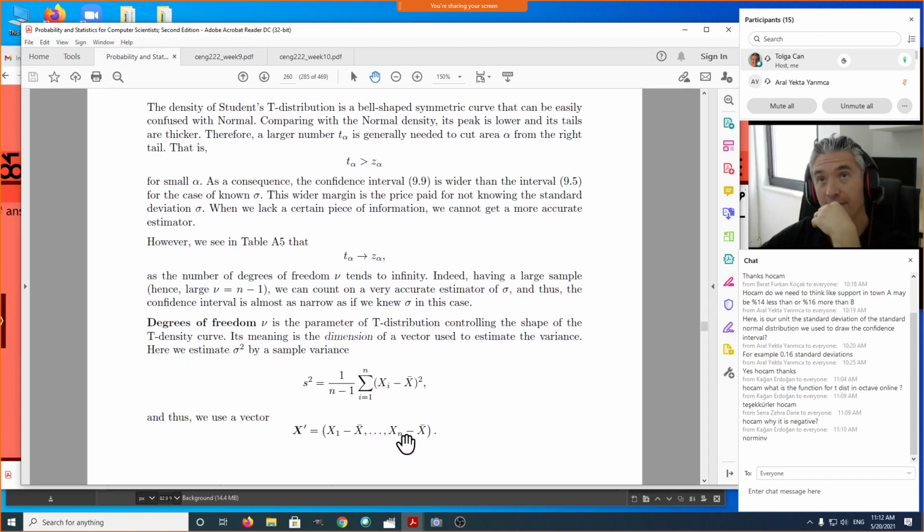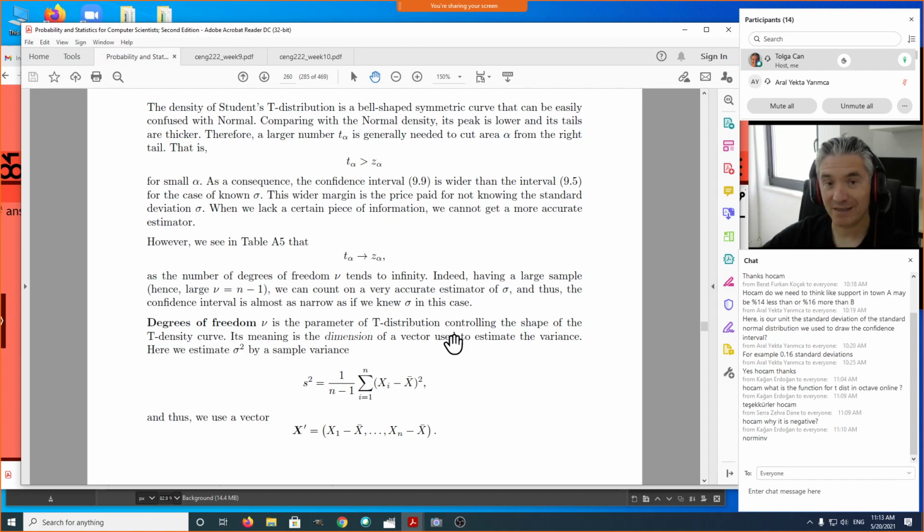But the degrees of freedom that we're going to see here is for when we're using the t-test for the difference between two population means. For example, if we have two populations, there are two cases. In both cases, we don't know their variance, but assuming equal variance is a big assumption.